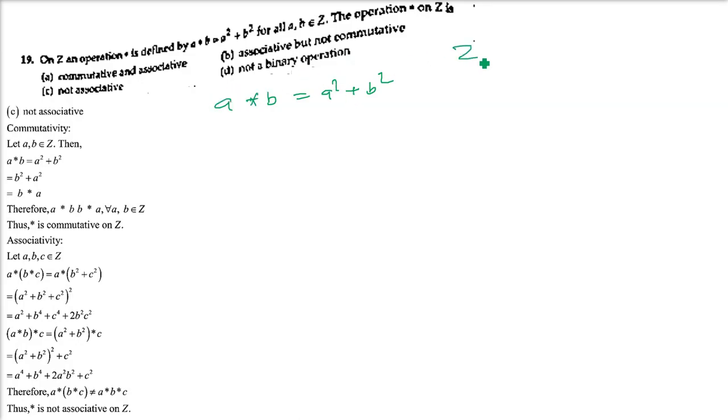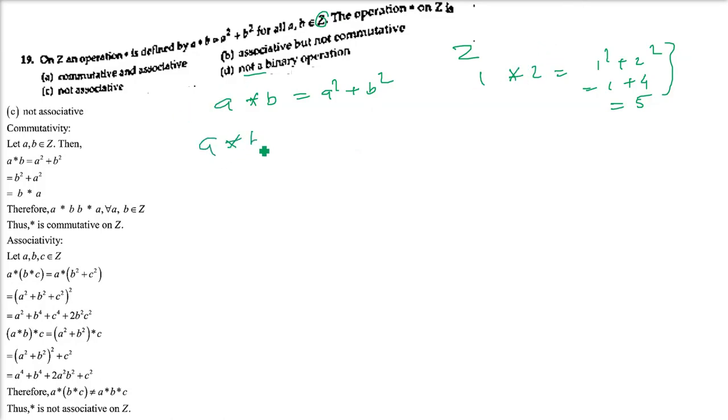Just put b and a also, or you can take values: 1 and 2 gives 1 square plus 2 square, and when you take 2 and 1, it will be 2 square plus 1 square. First we have to show whether it is a binary operation or not. So it is a binary operation, no problem with that.